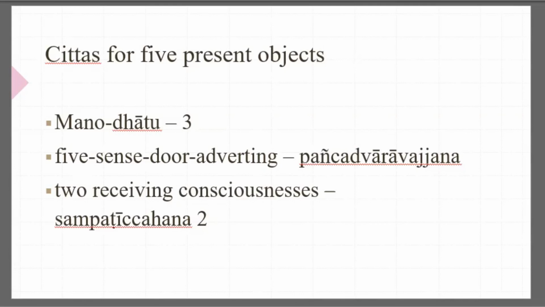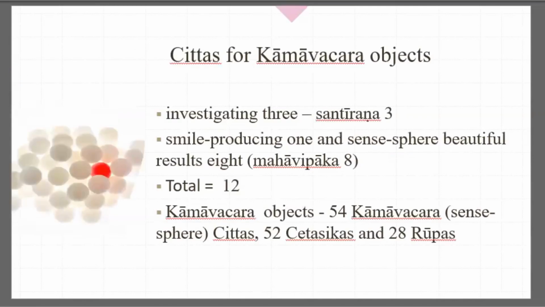Eye consciousness has access to only present visible object. These Manodhatu Cittas have access to only 5 present objects. Now we are going to learn what are the Cittas that have access to all the Kamavachara objects.